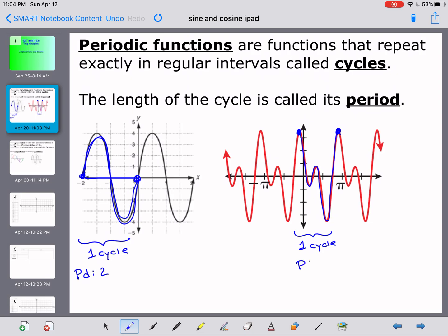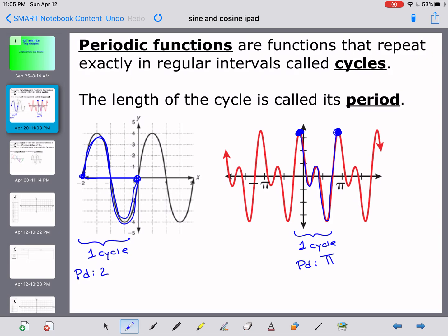And the period of this periodic function is how long that cycle is. So from this dot here to this dot here, what's that length? And it's about pi. So the period here is pi. So every interval of pi, the cycle is being copy and pasted and repeating. So those are periodic functions.